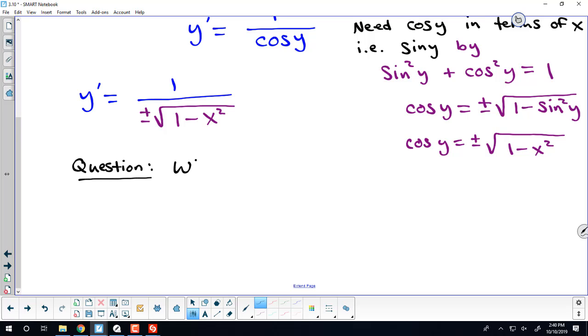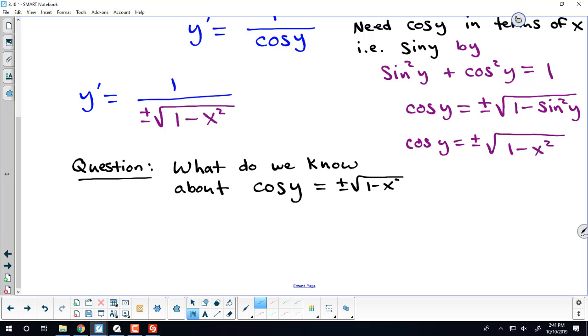What do we know about cosine y, which we saw as equivalent to this right here for the time being anyways. Maybe it stays that way, maybe it doesn't.